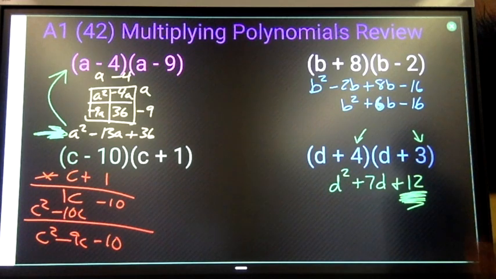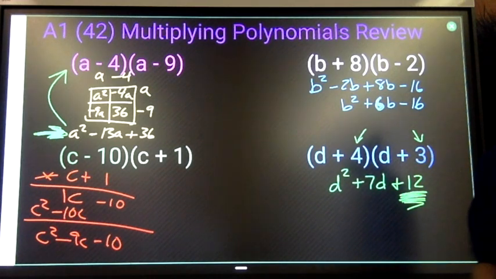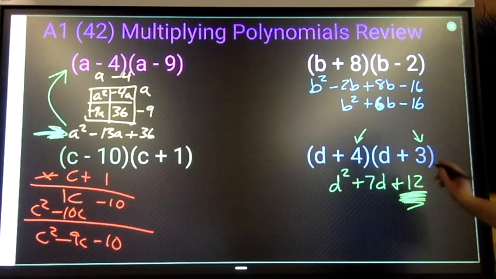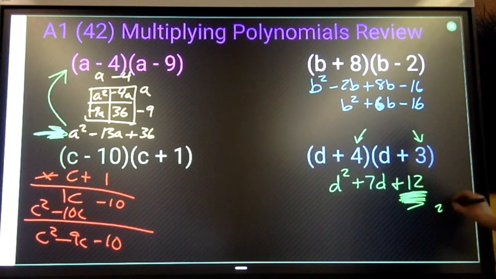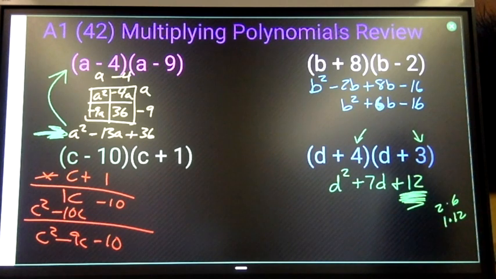Now, that's half of what you're going to need. I need to know two numbers that multiply to give me 12. That's not enough because there are other numbers, 2 times 6, 1 times 12, that could also give me 12. But half of what I need to know is 4 times 3 is 12.